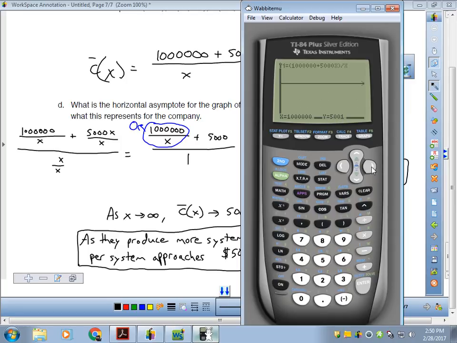Okay? And I can even make it go less, as I build more and more, as my x gets bigger, this y value keeps going. So, what if we built 2,000,000 of these? I need to make my window bigger if I want to build 2,000,000 of these. So let's make x max go to 2,000,000.